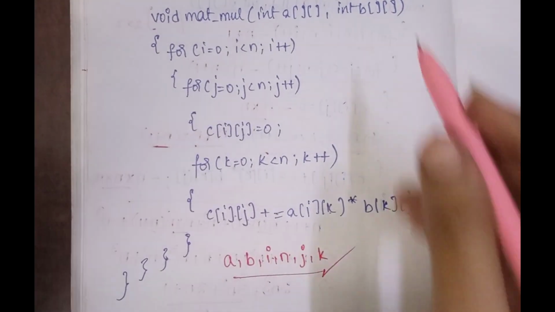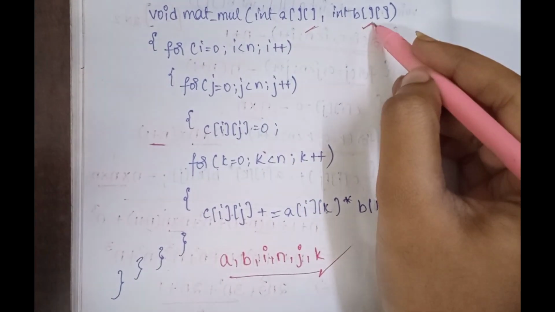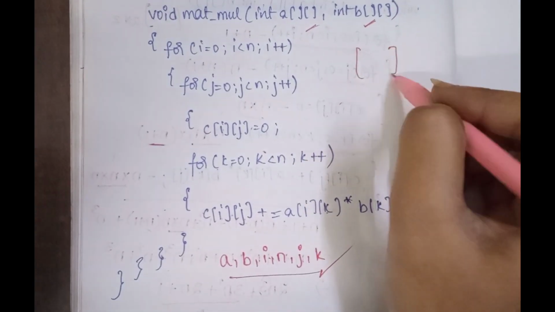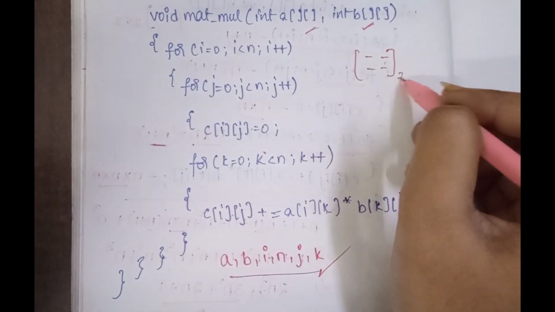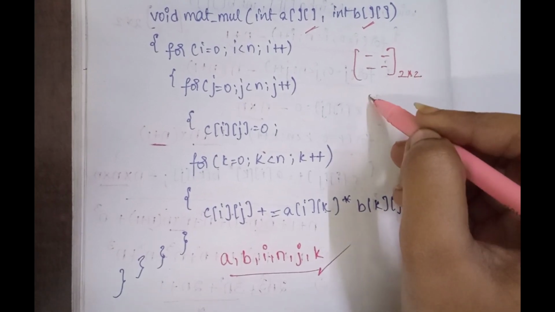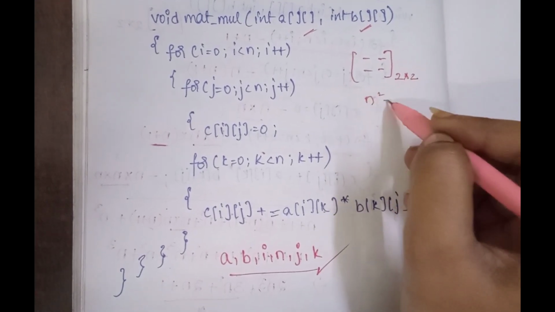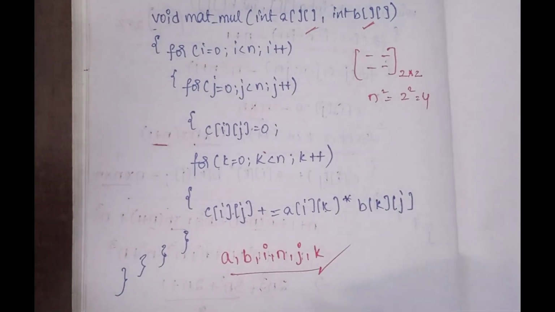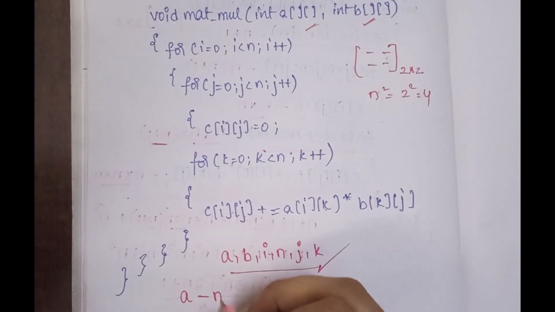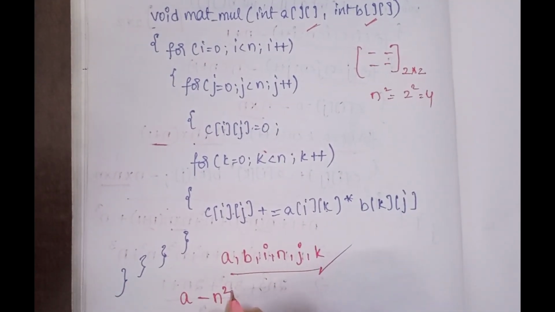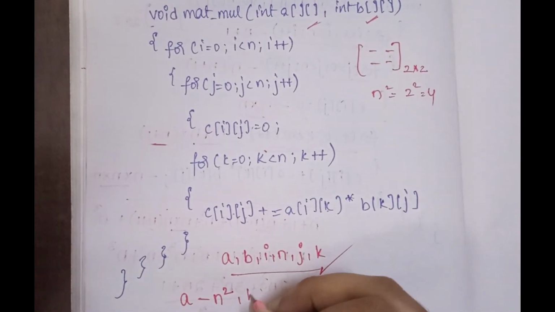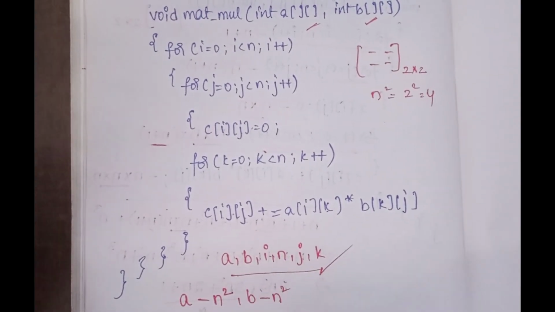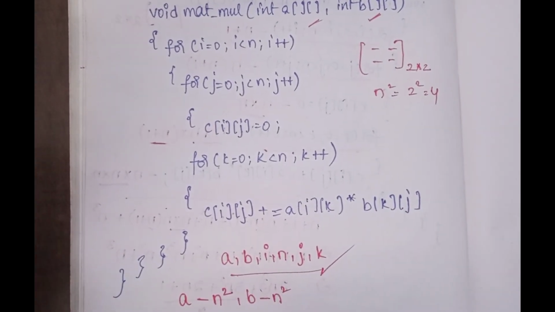So ఇక్కడ నీకు A and B are matrices. So matrices అంటే ఇందాక మనం చెప్పుకున్నట్టు, if I consider it as 2 by 2 matrix, so total I will have n square elements, means 2 square. So I am having 4 elements. So A కి n square elements యొక్క space ని తీసుకుంటుంది, B కి కూడా n square, since A and B are matrices.